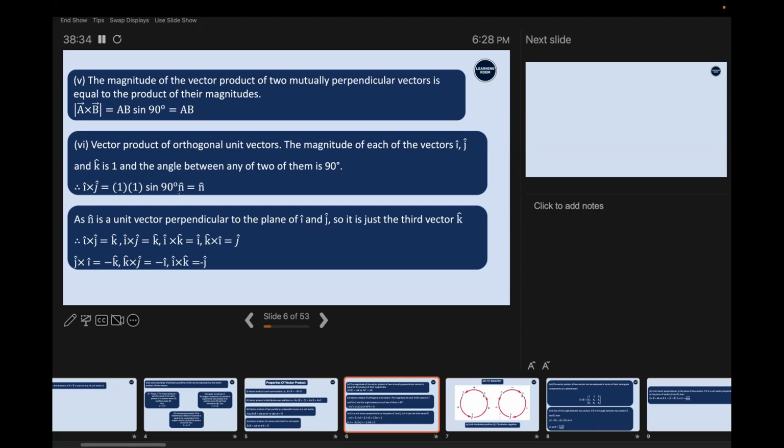Now, if you exactly do the reverse of them, what is the reverse? i cross j, write it as j cross i, you will get minus k cap. j cross k, write it as k cross j, you will get negative i cap. Similarly, k cross i, if you write it as i cross k, it's fine. You need not worry.